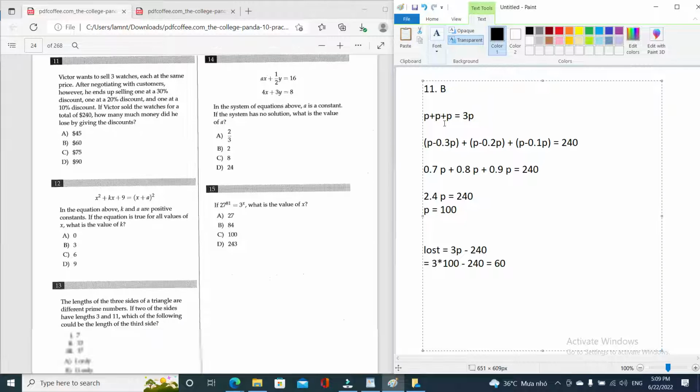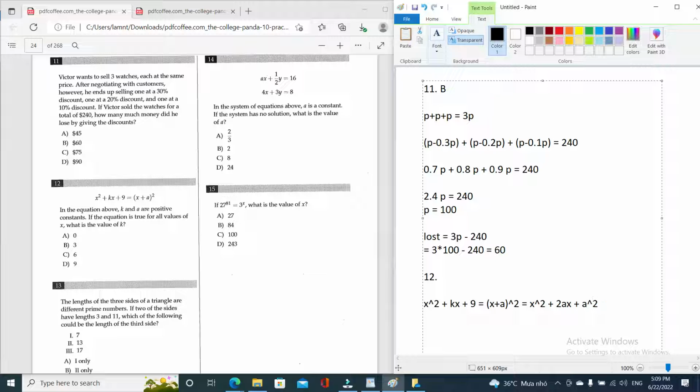Okay, 12. So x squared plus kx plus 9 is equal to (x plus a) squared, which is x squared plus 2ax plus a squared.